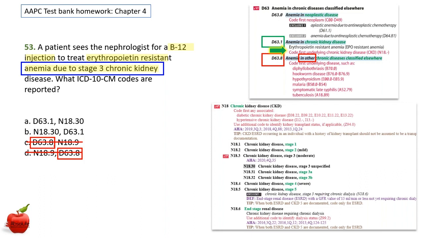So of course, the first code must be N18.30, which must be followed by D63.1. Given that, I think option A is wrong. So we are going to select N18.30, which is chronic kidney disease stage 3 unspecified, followed by D63.1, which is anemia in chronic kidney disease.